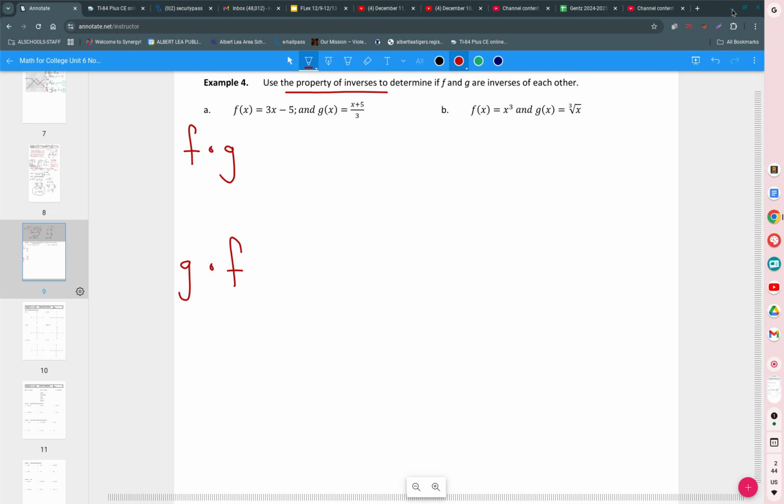F composed of g means that I take what g is and I plug it in for x in the function of f. And when I do that, I get 3 times, and instead of x, I write x plus 5 divided by 3. And then I have a minus 5.